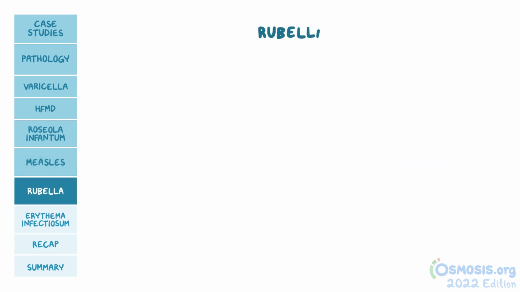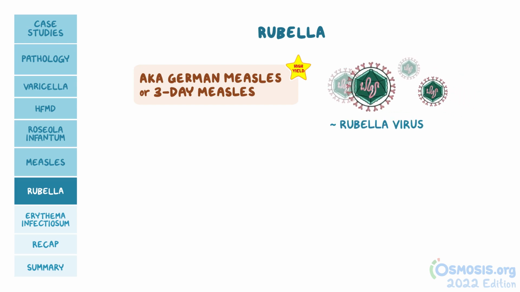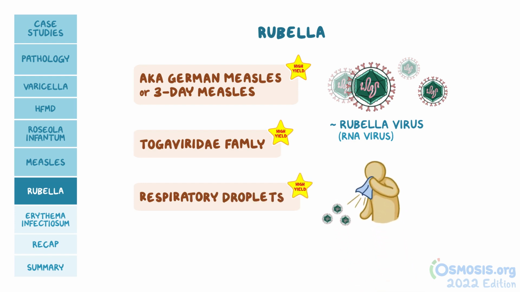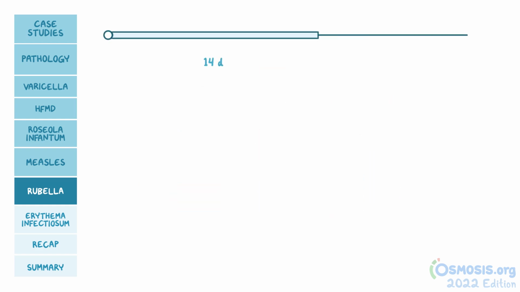Next is rubella, also known as German measles, or 3-day measles. It's caused by the rubella virus, an RNA virus that belongs to the Togaviridae family, and is primarily transmitted through respiratory droplets. Now, rubella is often asymptomatic, but after a 14-day incubation period, some individuals may start presenting mild flu-like symptoms.